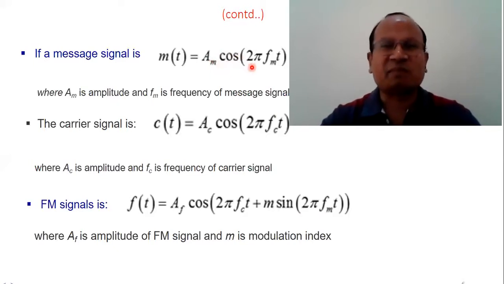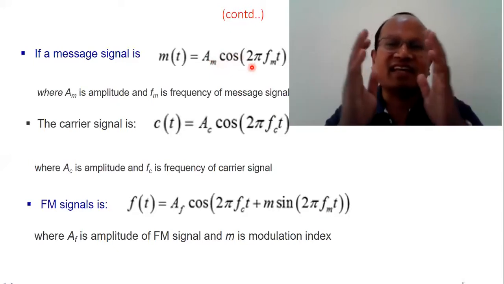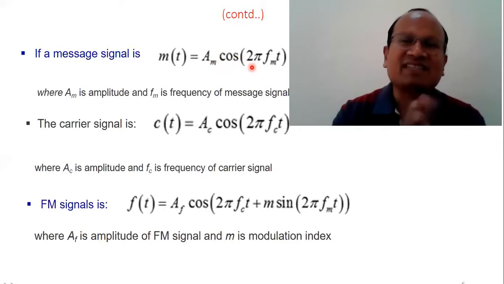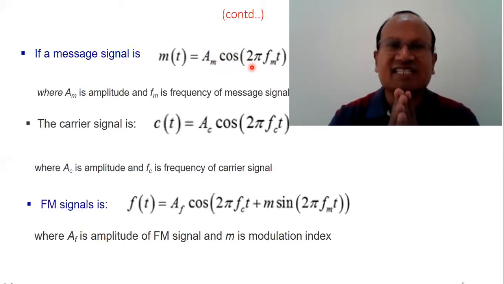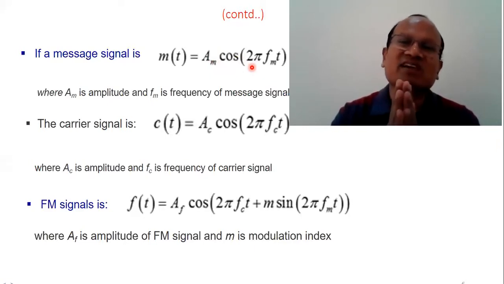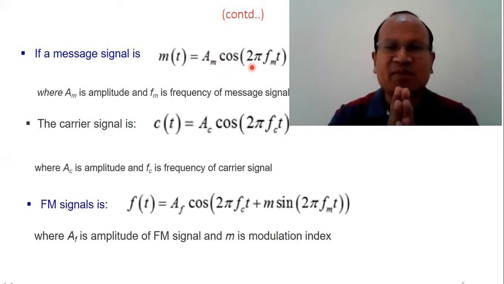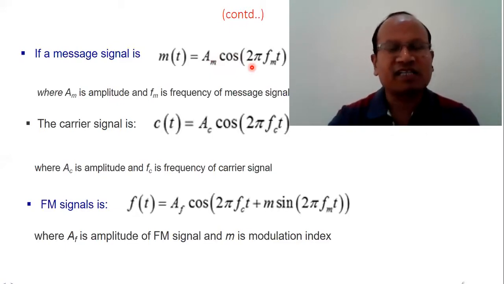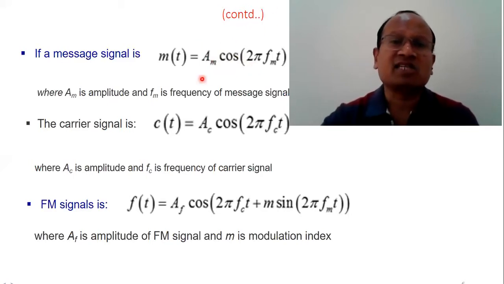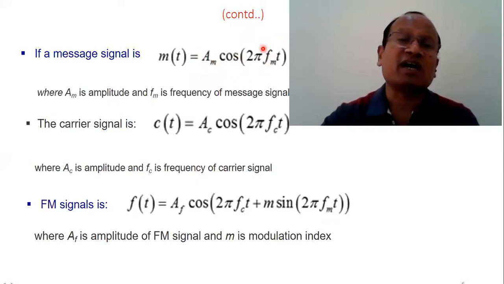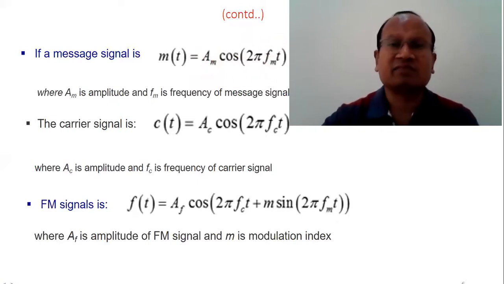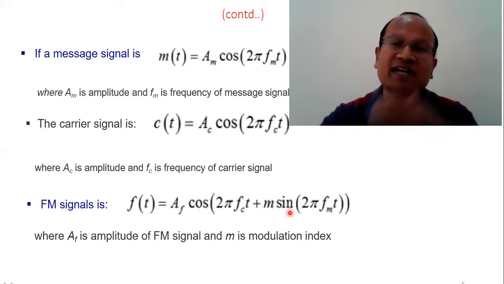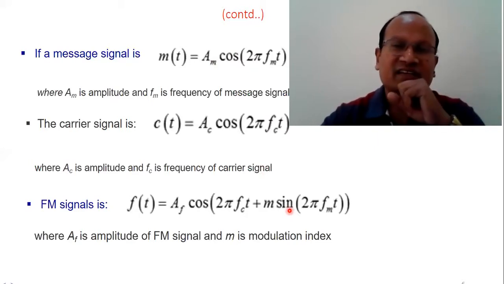As we have seen in the previous diagram, the carrier frequency changes, and the change is proportional to the instantaneous value of the modulating signal. So we can say that the change in frequency will be directly proportional to Am cos 2πfmt. But what we have written here is Am sin 2πfmt.